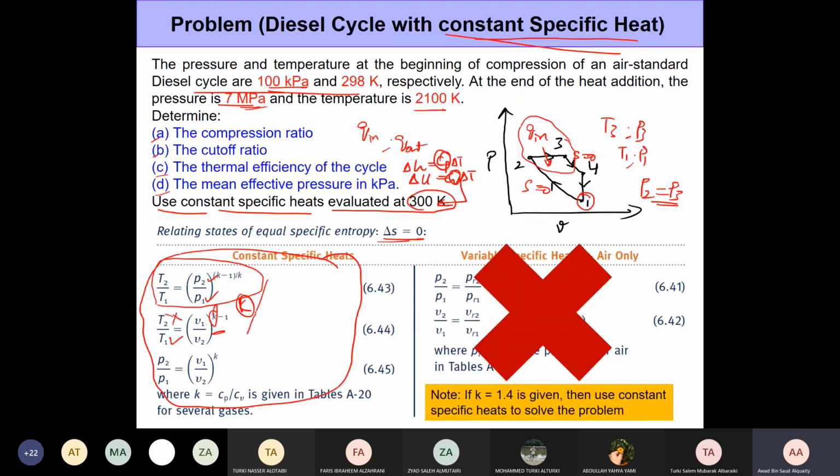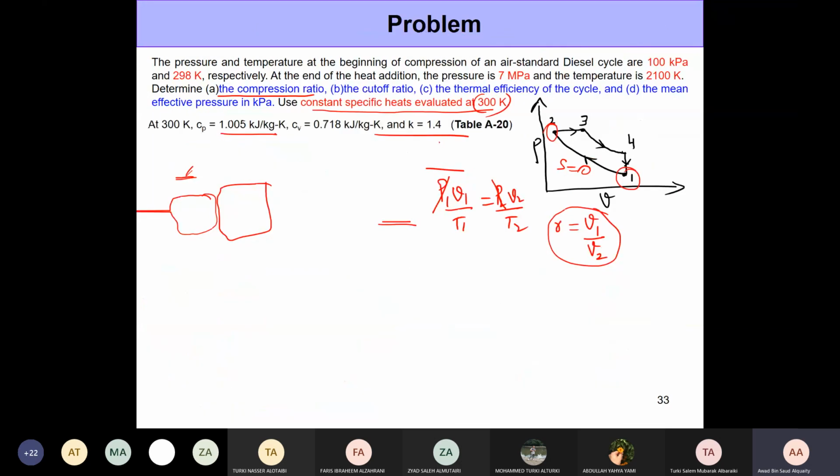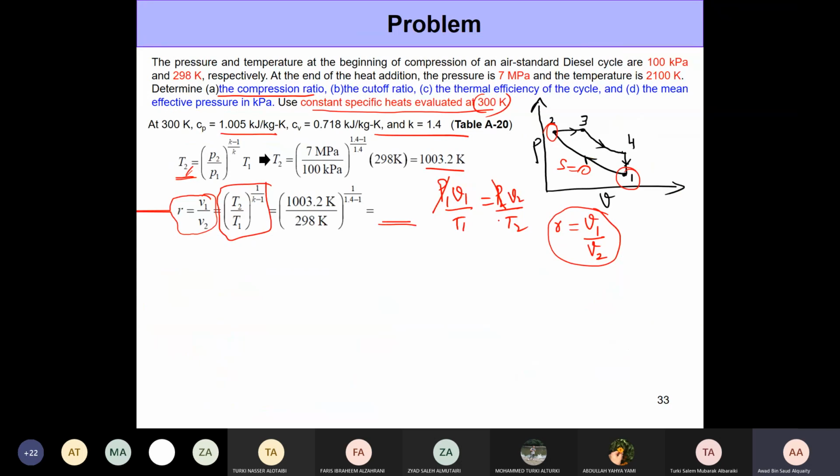But for determining things in the other processes where heat is being added or rejected, you most likely have to make use of the ideal gas equation. So these are the only two options you have. You have to get your solution from one of these. And of course, for each one of these, there are multiple ways of approaching the problem. And as you mentioned, this is one more way. Certainly, you can do that once you have T2. Any other question?